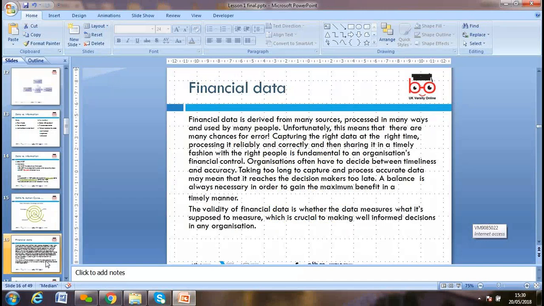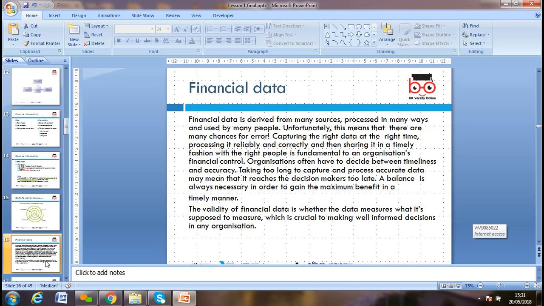Financial data is derived from many sources, processed in many ways, and used by many people. Unfortunately, this means that there are many chances of errors. So if I have much data, there can be many errors. Capturing the right data at the right time, processing it reliably and correctly, and then sharing it in a timely fashion with the right people is a fundamental organizational financial control.